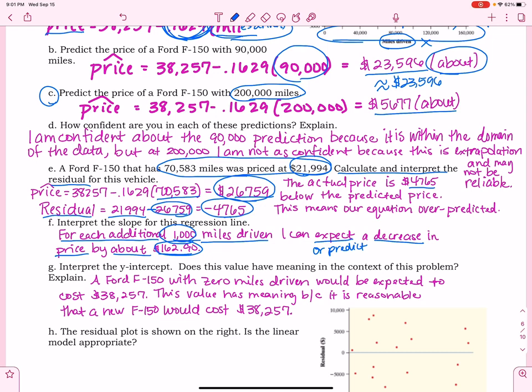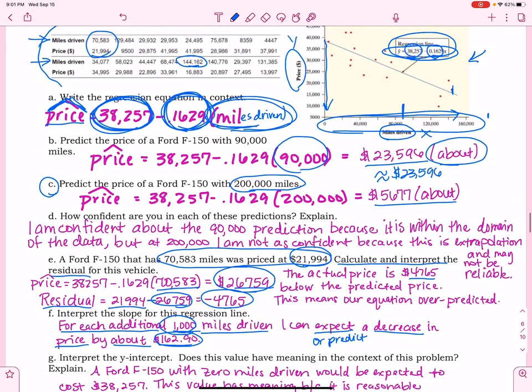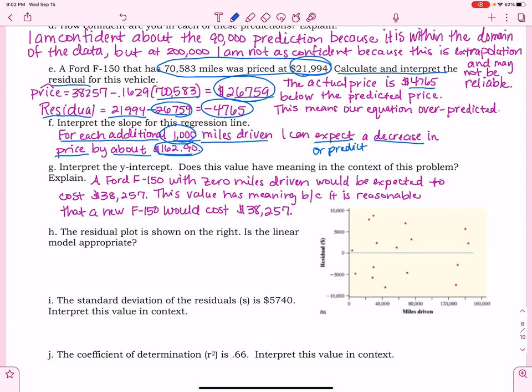All right, so now let's interpret the y-intercept. Well, the y-intercept is this value in my equation right here. So the y-intercept is going to be the value whenever miles driven is 0. So if I substitute 0 in for miles driven, that means I'm just going to be left with price equals 38,257. So in other words, a Ford F-150 with 0 miles driven is going to be expected to cost about $38,257.